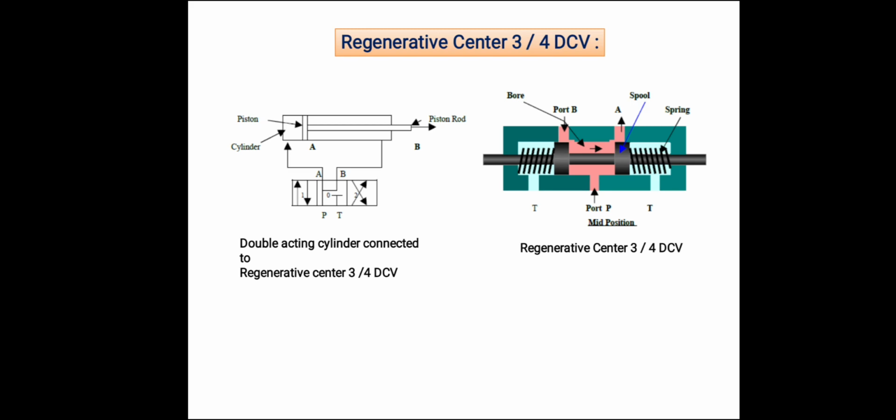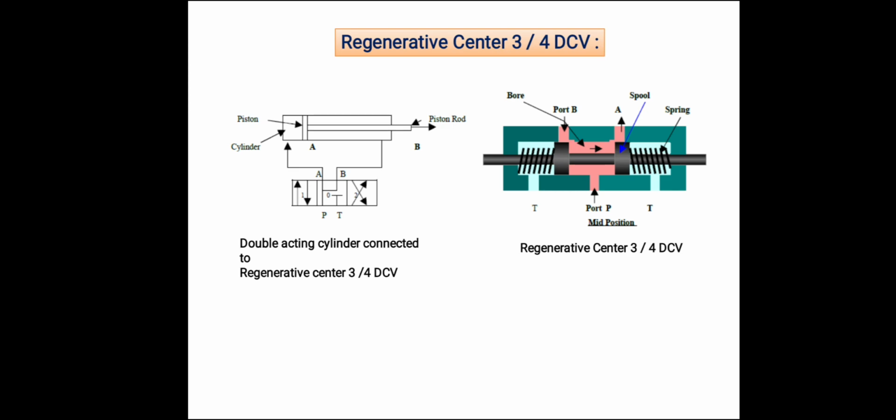So this figure shows the regenerative center type 3x4 direction control valve. The first figure shows a double acting, single rod cylinder connected to a 3x4 DCV having a regenerative center.